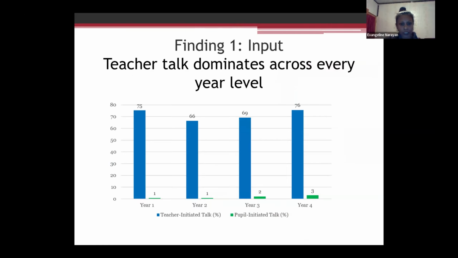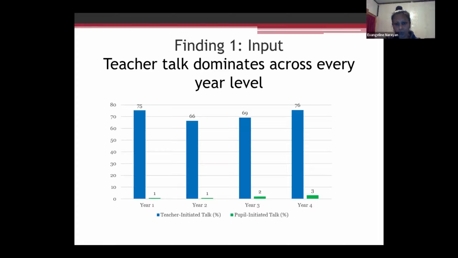In year 1, teacher initiated talk was 75% of the time, and in year 2, 66%, year 3, 69%, and in year 4, 76%.